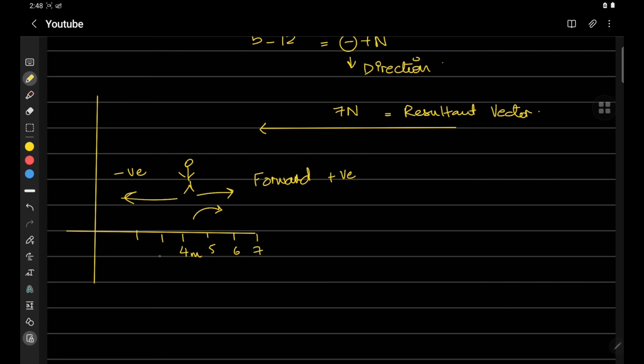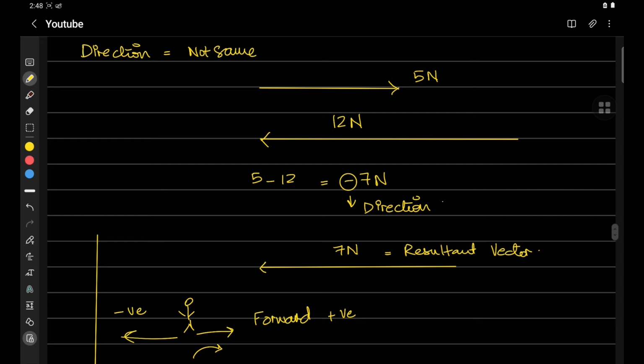But the moment you start going back, you're moving in the negative direction. That would mean you're now at 3 meters, 2 meters, 1 meter, 0, -1. Obviously, there is no -1 in distance. In displacement, yes, because that is a vector quantity.